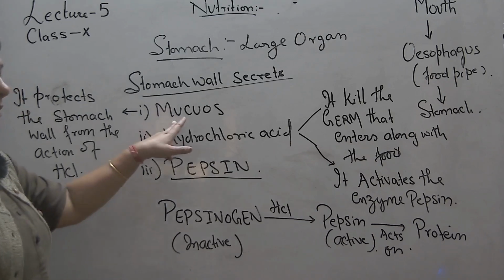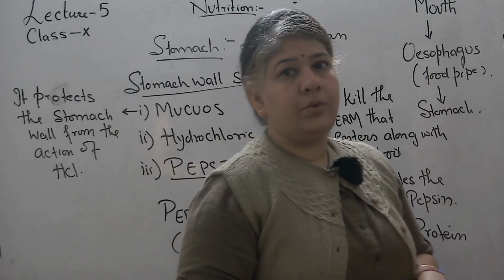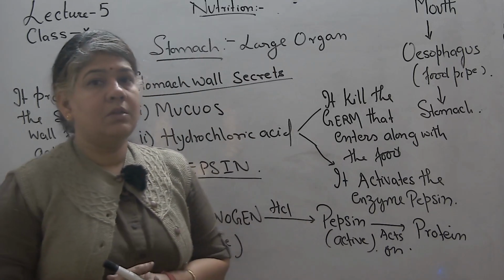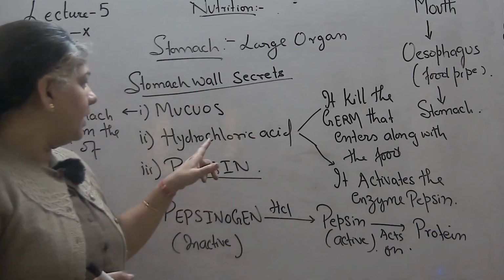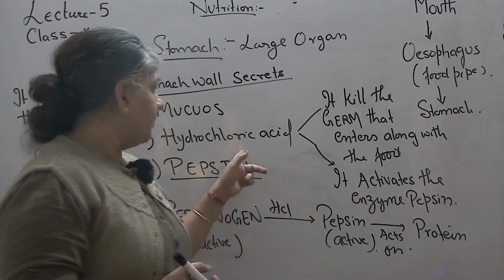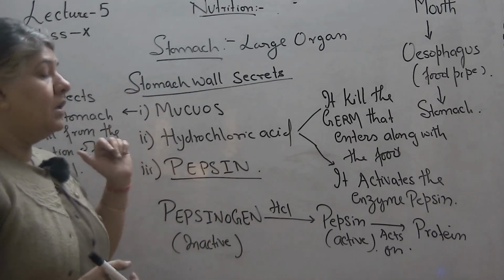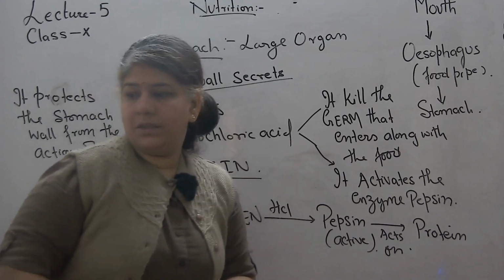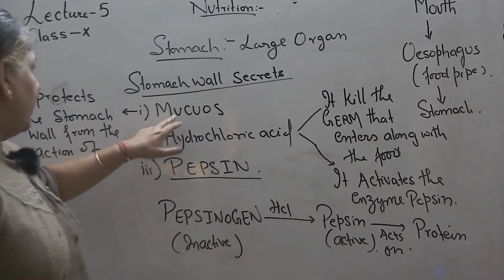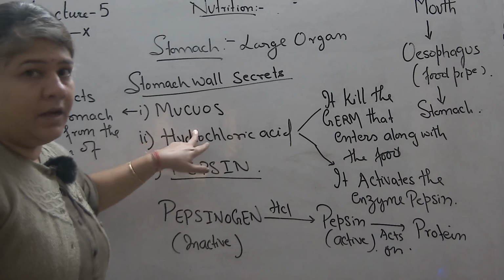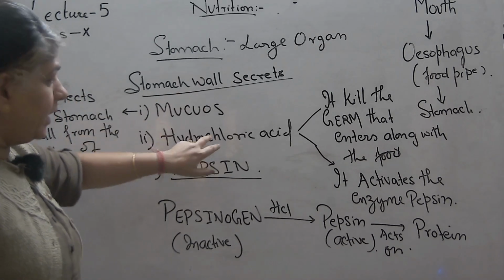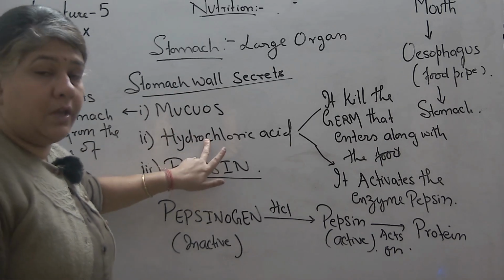If this mucus is produced in less quantity, or the stomach is not producing mucus, HCl will directly attack the muscle walls of the stomach, and the person starts suffering from peptic ulcer. So this is very important, that the mucus lining is protecting the stomach wall from its own HCl, which is also produced there.